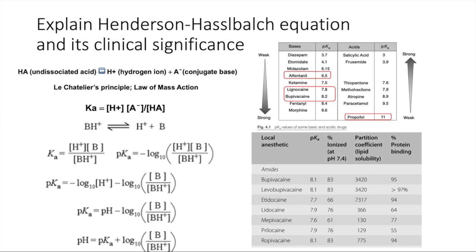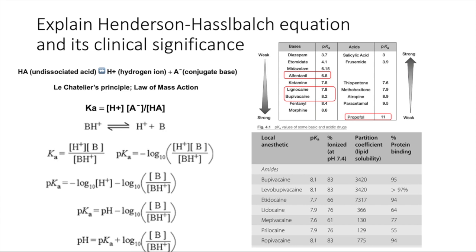The clinical significance of the equation is that by measuring the pH of the solution and the concentration of acid and conjugate base, we can derive the pKa of that weak acid or weak base. By knowing the acid or base nature of a drug and its pKa, we can compare the speed of onset of action.